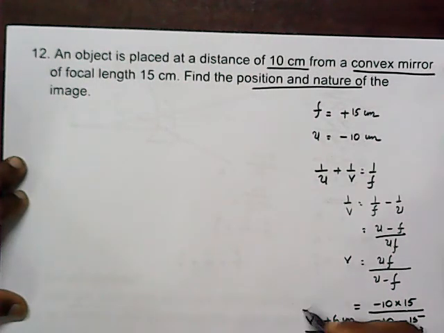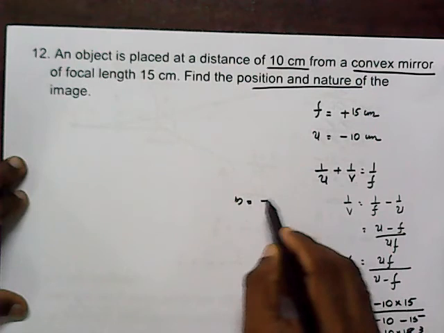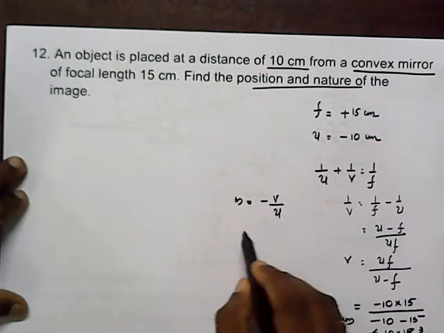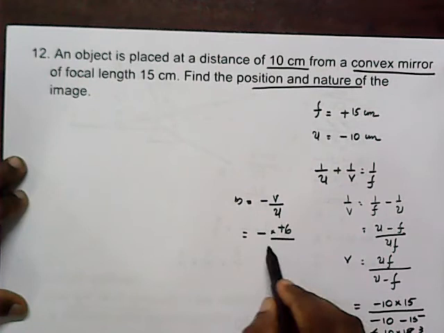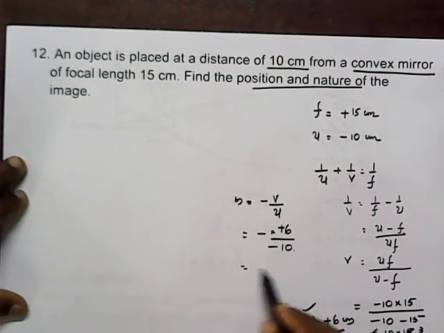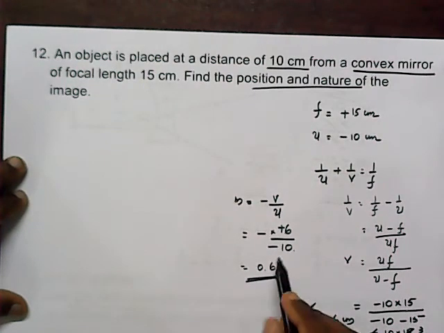If you know the value of v, you can easily find the value of m also. The simple relation is minus v by u, that is plus 6 divided by minus 10. So 6 by 10 is 0.6 with a positive sign.